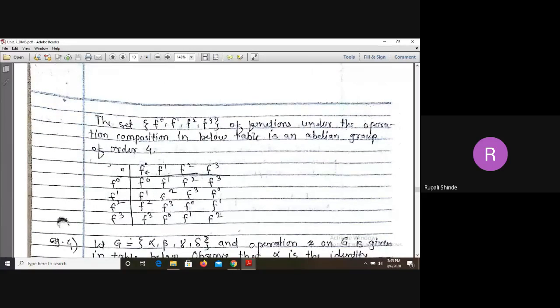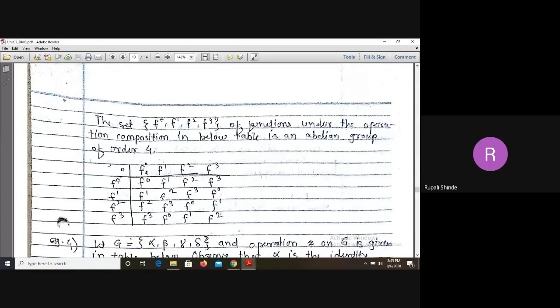Now they have defined this composition operation. How? First one, F0 composition F0. So here we have to perform addition of indices modulo 4. Why modulo 4? Because this set is containing 4 elements. So if you consider F0 composition F0, here indices are 0 plus 0, that is 0. Again 0 mod 4, you will get 0 only.